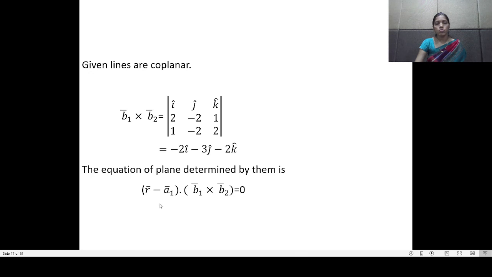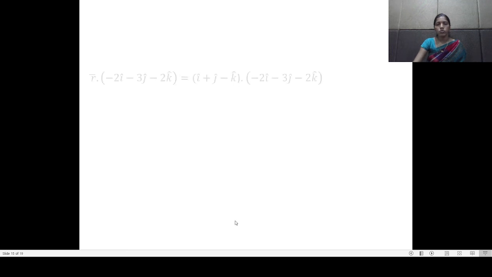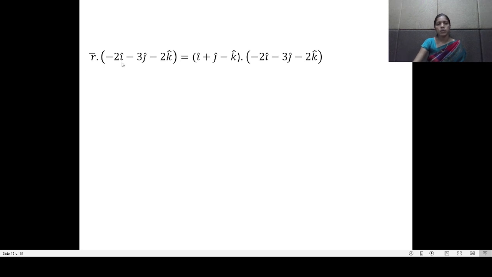Now taking the dot of these two in brackets, we get r bar dot b1 bar cross b2 bar is equal to a1 bar dot b1 bar cross b2 bar. Now substitute the vector b1 bar cross b2 bar in this equation. So we get r bar dot (minus 2i cap minus 3j cap minus 2k cap) is equal to a1 bar, which is i cap plus j cap minus k cap, dot b1 bar cross b2 bar, which is minus 2i cap minus 3j cap minus 2k cap.